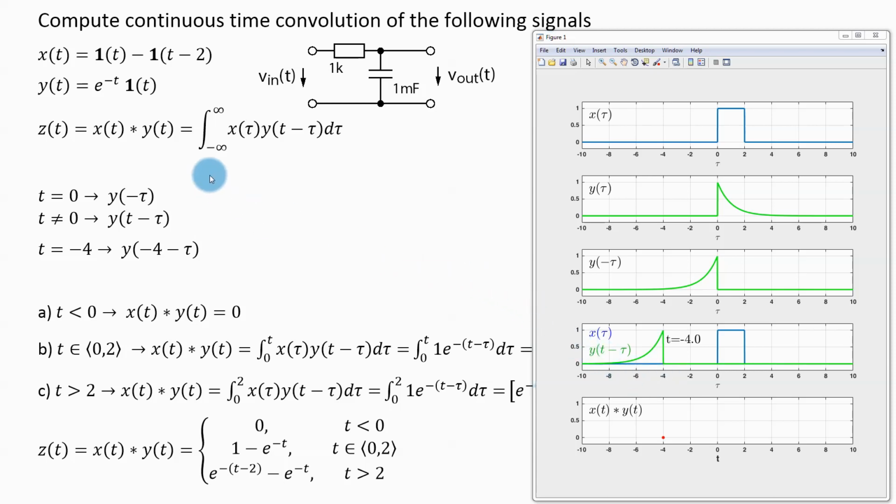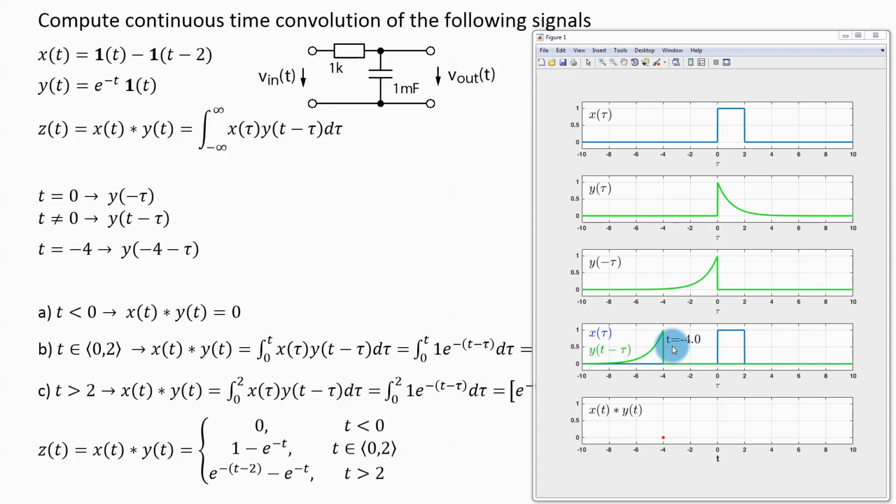Now when I evaluate the convolution, I need to multiply x of tau and y of t minus tau, and then integrate them from minus infinity to plus infinity. To help you visualize the multiplication, I have drawn these two functions in this plot simultaneously. The blue function is x of tau and the green function is y of t minus tau.